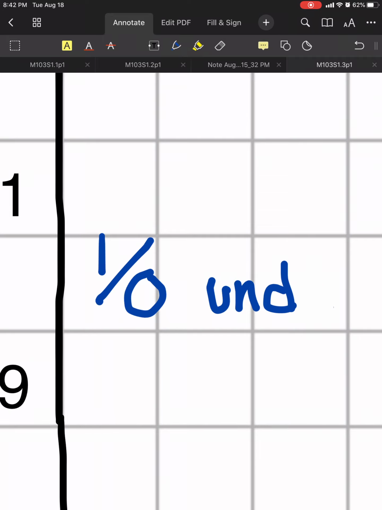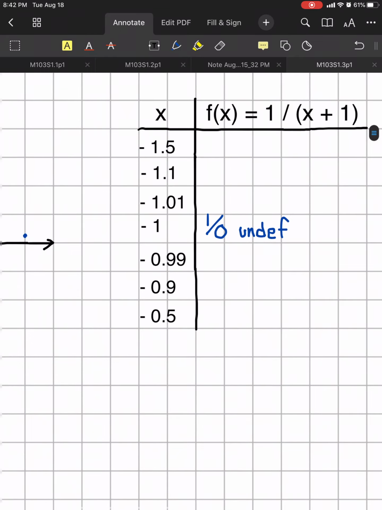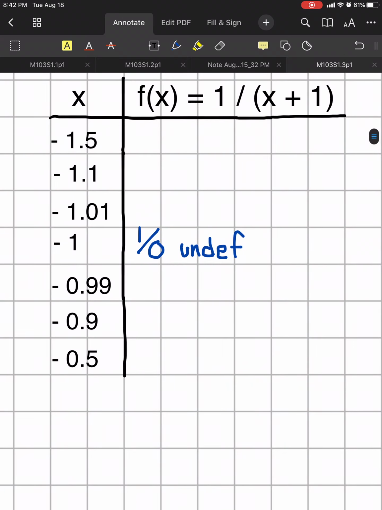Sorry about that. Let's scoot this over. Undefined. I know I have to zoom in and out, but my writing won't be legible if I try and write small on this. So that's what we get there.